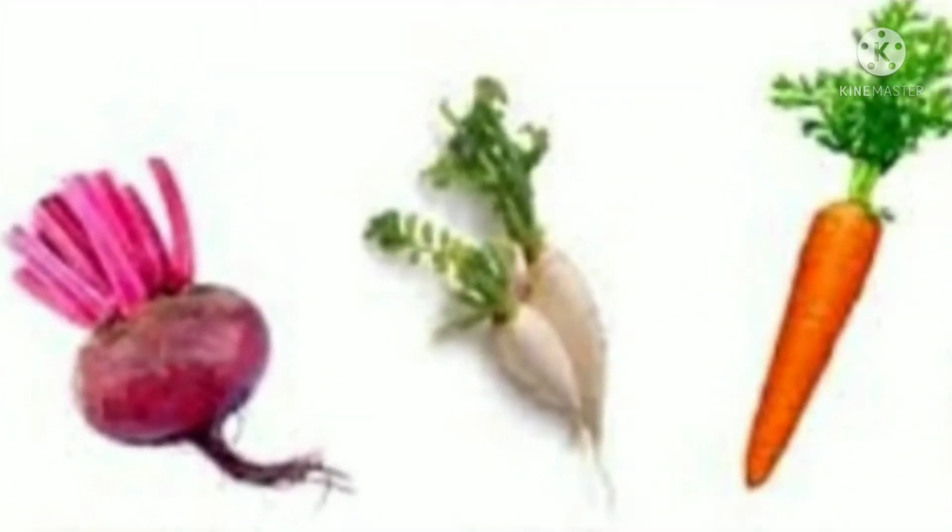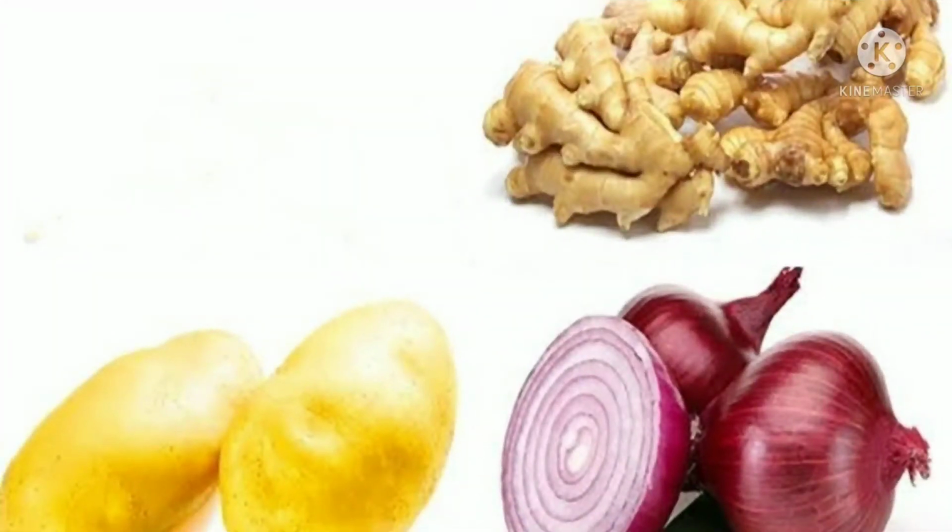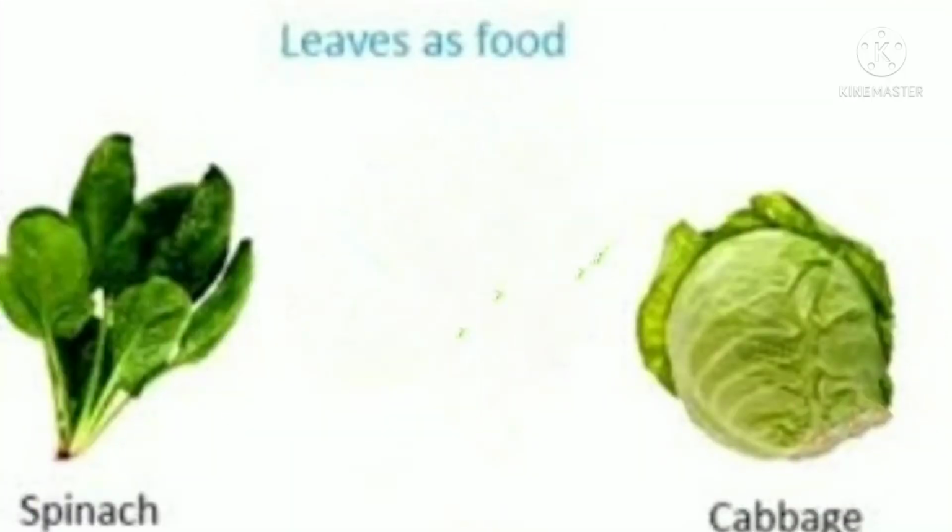First, root. We eat roots of some plants like carrot, radish and beetroot as vegetables. Stems. We eat stems of some plants like potato, onion and ginger as vegetables. Leaves.